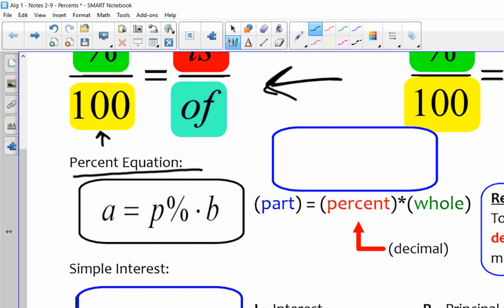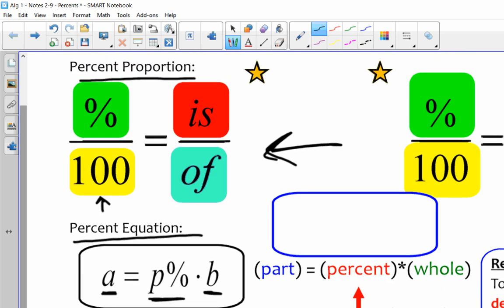If you read your problem, if you're given the percentage, you can put it in. The A is part of something, like a quarter is part of a dollar, and the B is your whole thing, the dollar. So that will get you those missing pieces too, using that formula. But that one seems to give issues to certain kids doing this. So we're just really going to stick to doing this.